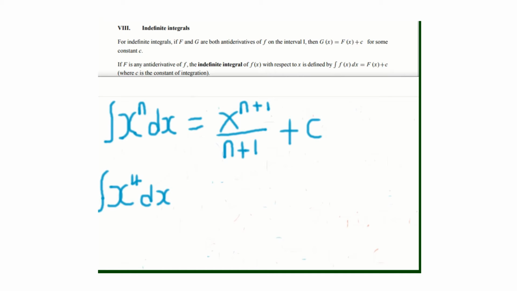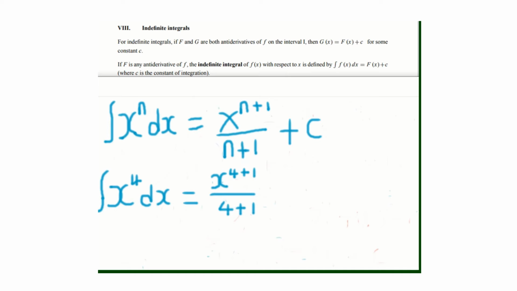So this can be equal to x to the power 4 plus 1, because 4 is n, and we must add 1 to 4, and then divide by 4 plus 1, because n is equal to 4 in this case.